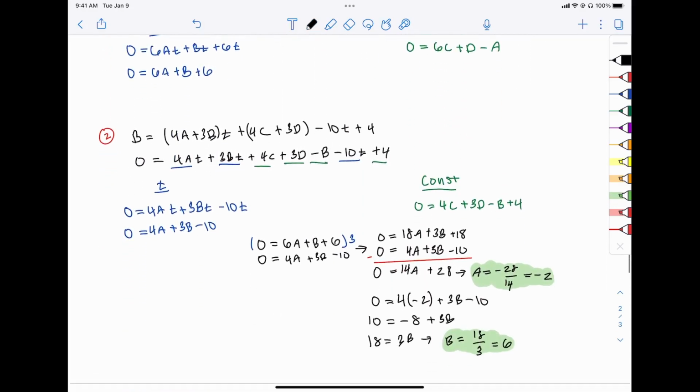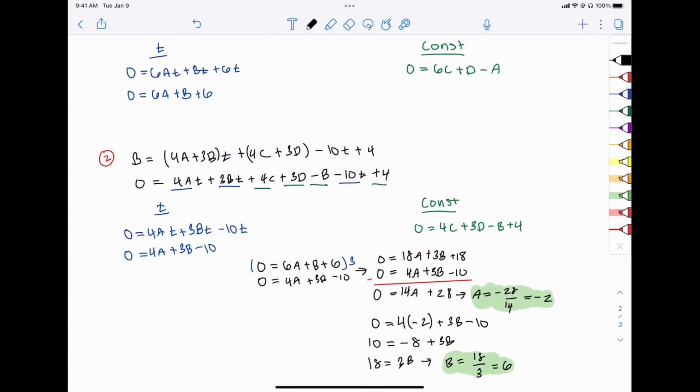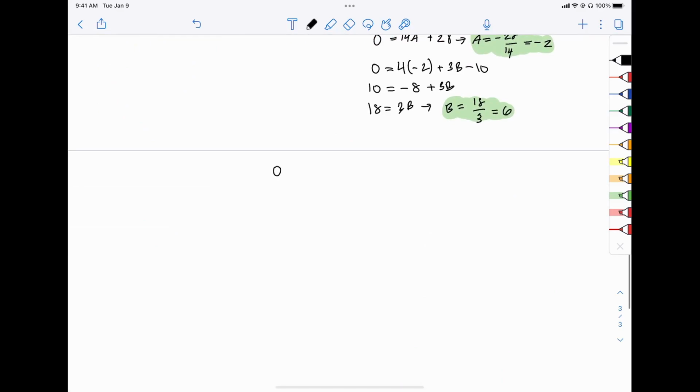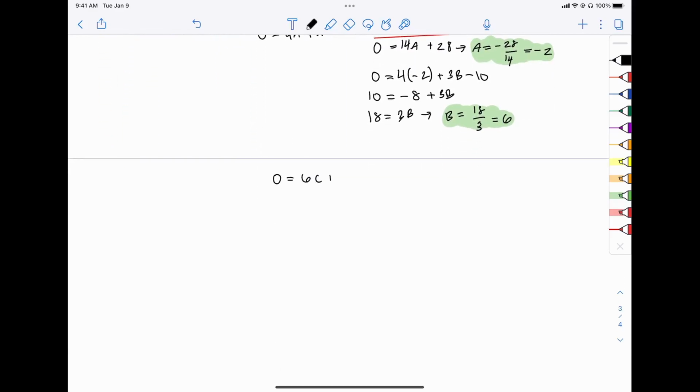I'm going to rewrite our other two equations here. We have 0 equals 6c plus d minus a, but remember a was just negative 2.